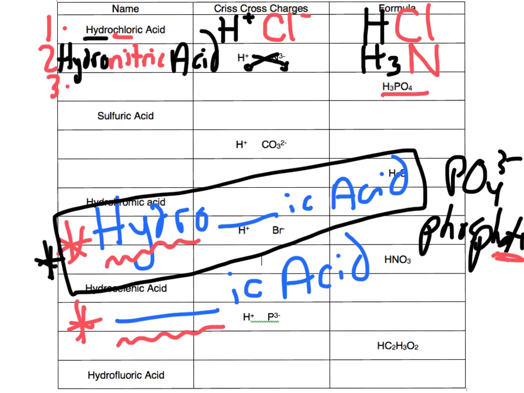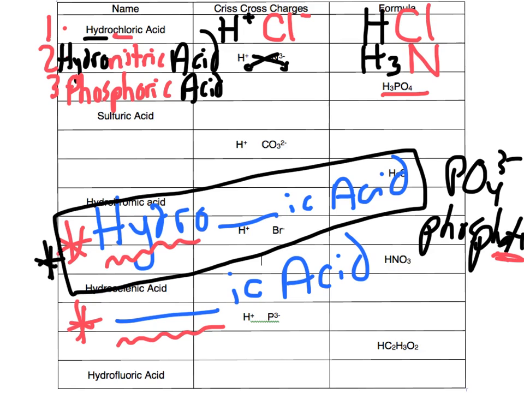Okay? And so remember, just like before, I drop the ending of my words here. So phosphate gets dropped. Now remember, phosphate, it doesn't sound the best just to say phosphoric acid, so instead I drop a little bit and I add a little syllable there to make it a little bit more manageable. And so I have phosphoric acid.